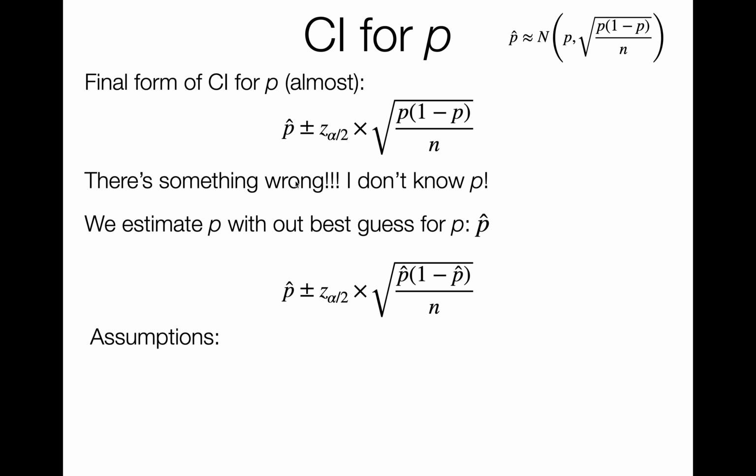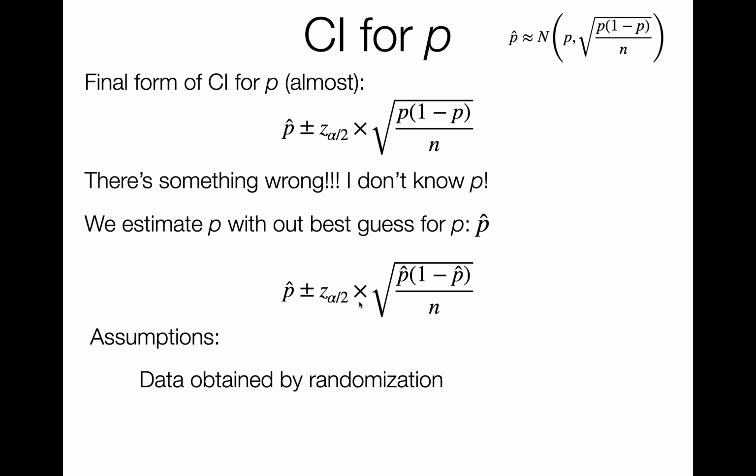Okay. Now, there are assumptions that go along with this interval. And what I mean by that is just like when we talked about the sampling distribution, we had certain conditions that need to be met in order for us to use that. The same thing applies here. There are certain assumptions that we need to meet before we can use this interval. And unsurprisingly, they come from the fact that we're using this sampling distribution up above to make this interval.